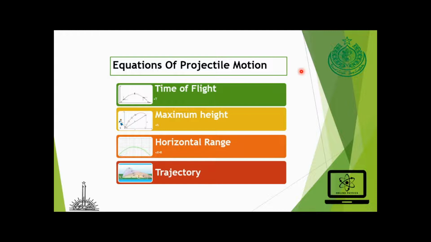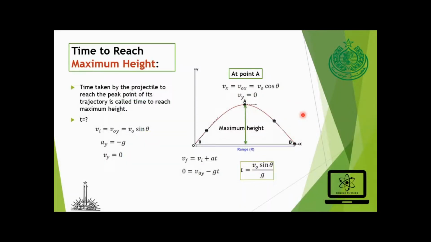Equations of projectile motion: time of flight, maximum height, horizontal range, trajectory, same as you studied in inter. Time to reach maximum height: the time taken by the projectile to reach the peak point of its trajectory is called the time to reach maximum height. So this is the projectile motion, and this is the point of maximum height.